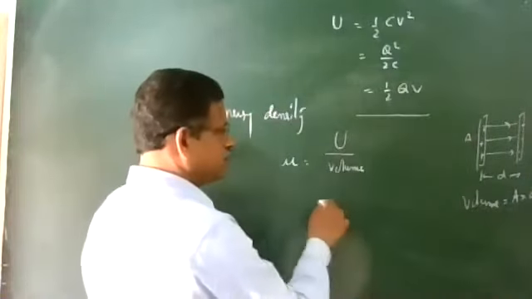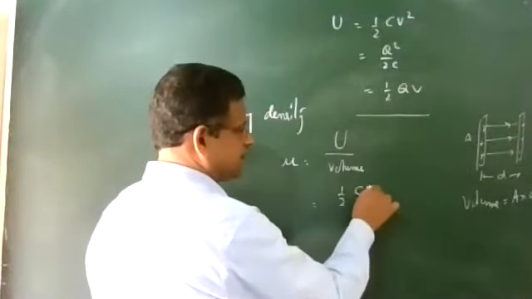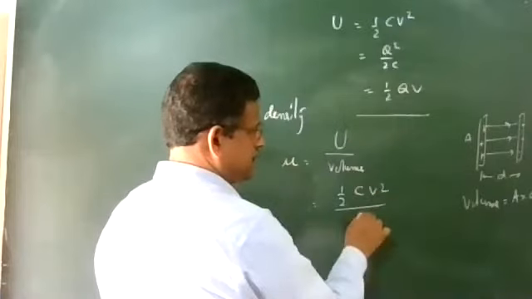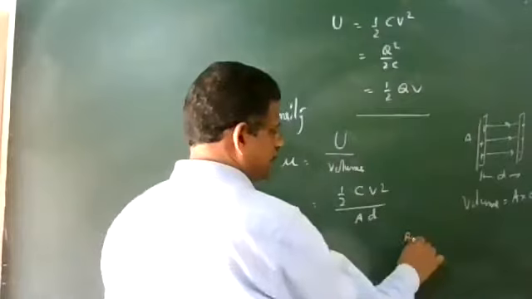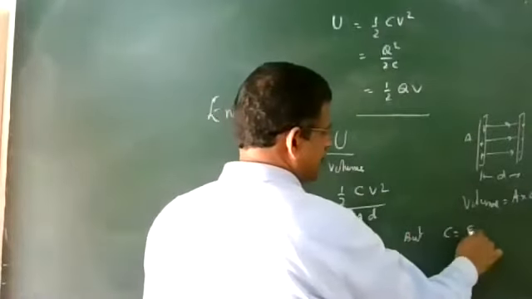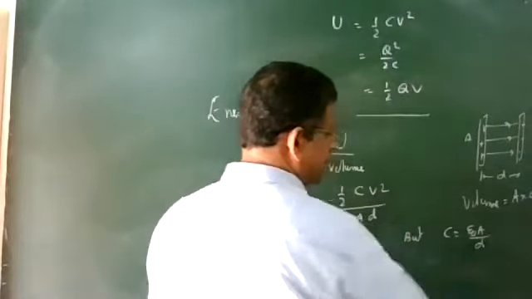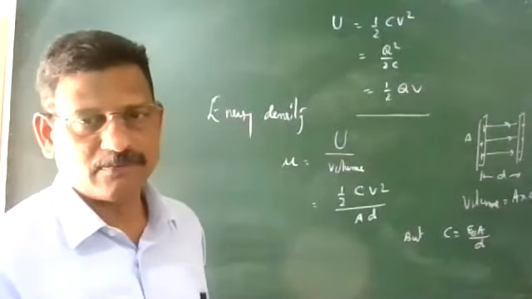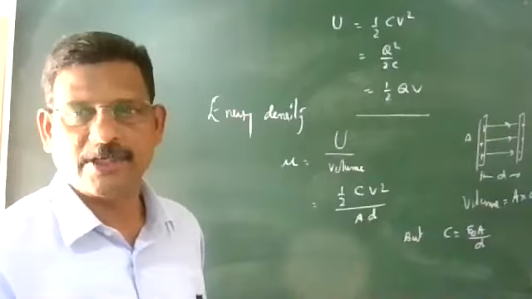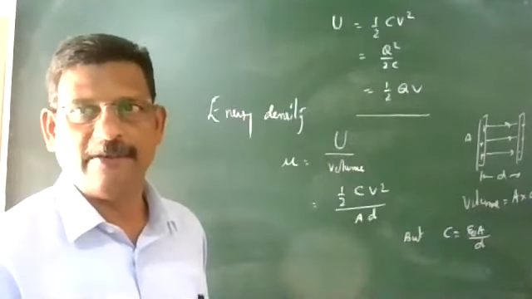Energy we can write as half CV square. Volume is A into d. But the value of capacitance for a parallel capacitor is epsilon 0 A by d.